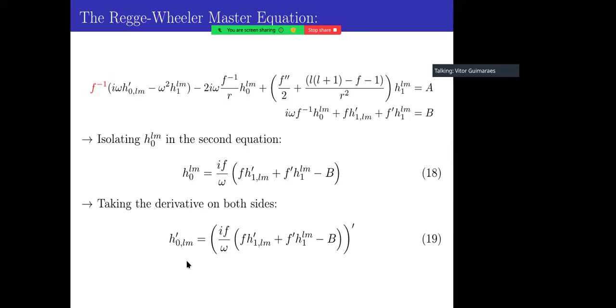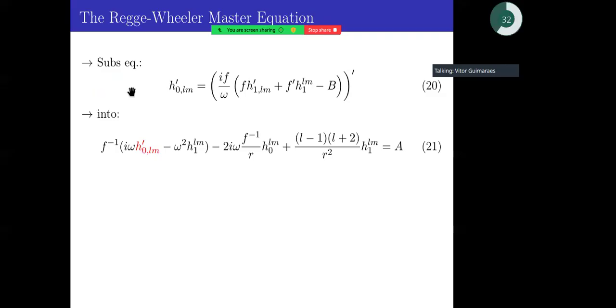So what we're going to do now is substitute H0 right here and H0 prime right here. Let's see how this ends up looking. Here I only pointed out the substitution of H0 prime, but there's also the substitution of H0.